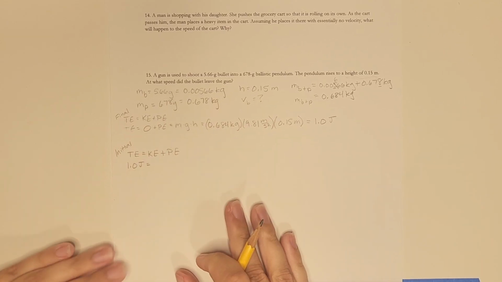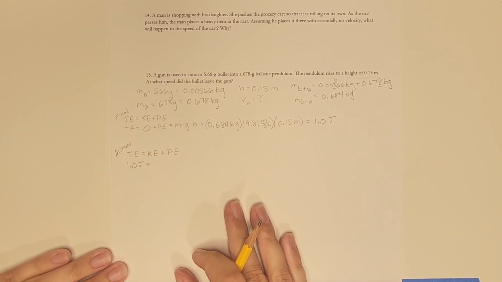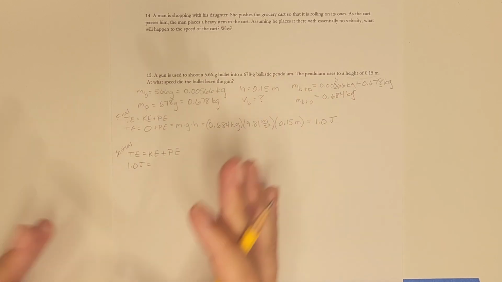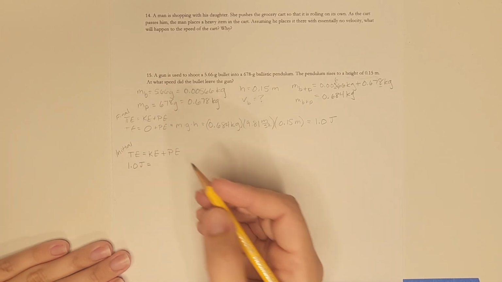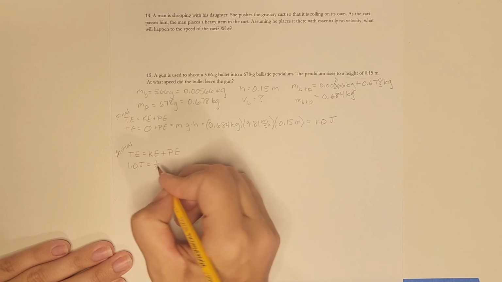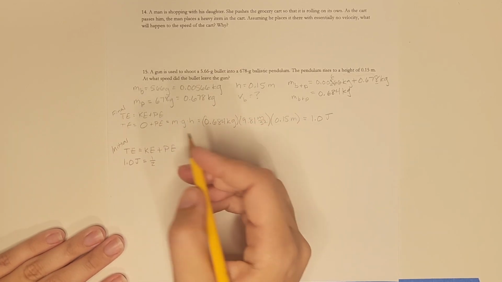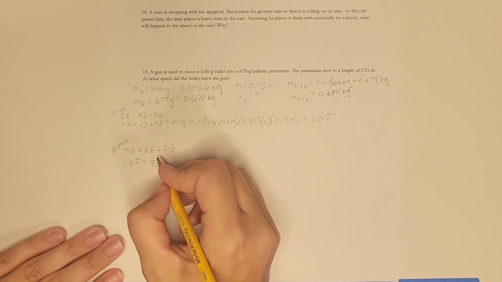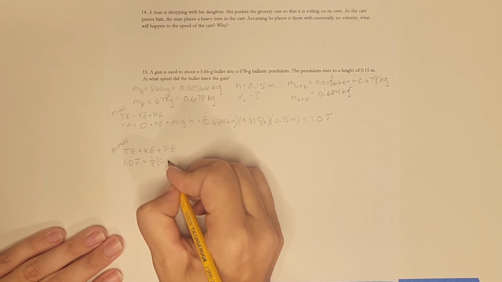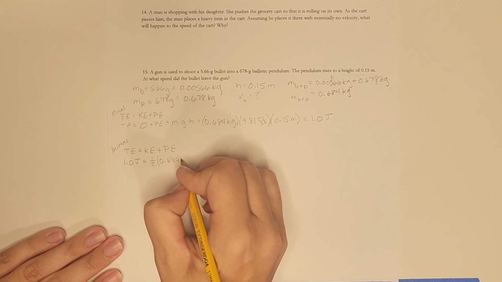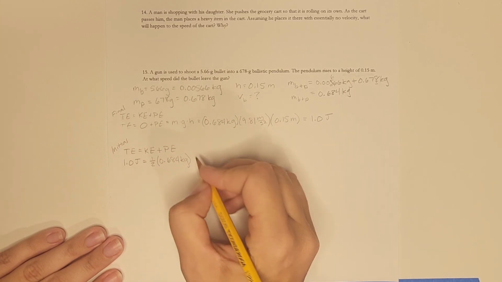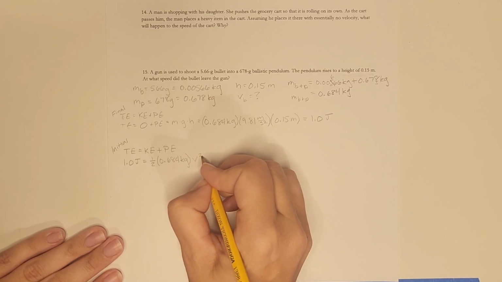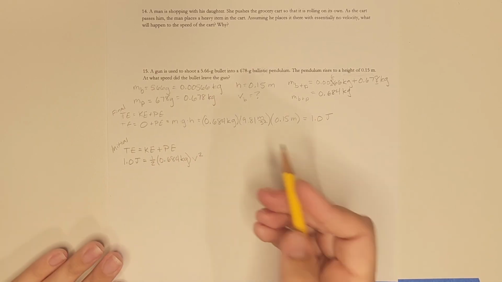Our kinetic energy is going to be what the energy is of the bullet moving inside that pendulum with the pendulum. And so we have 1/2 times our mass, and that's going to be the mass of the bullet and the pendulum again, times our velocity squared, which we don't know at this point.